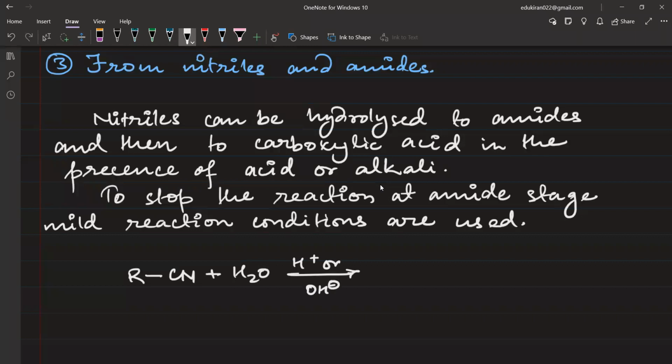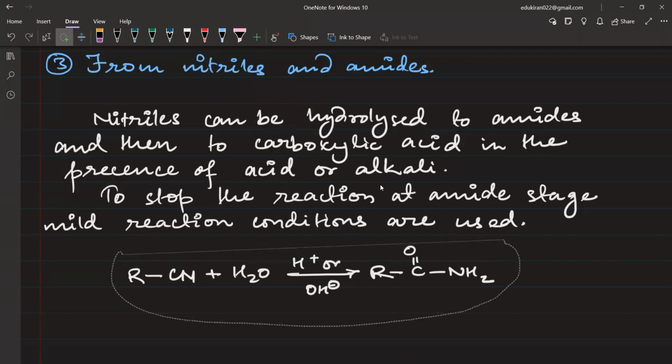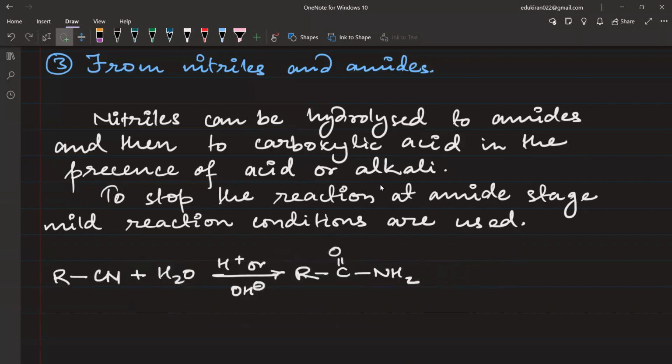Now, if you're not heating it, you are going to get R, C double bond O, NH2. This is amide, from nitrile to amide, if you're not heating it. But if you have the same conditions, H plus or OH negative in the presence of water, just heat it up, you are going to get RCOOH.